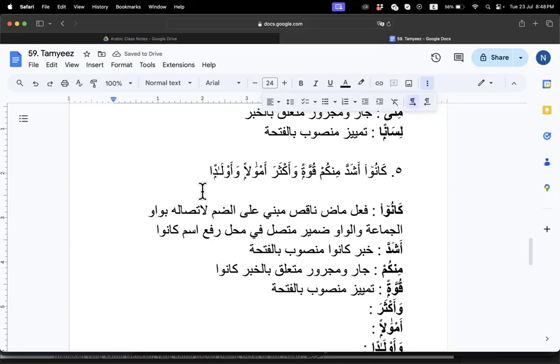Yes. Translate this part first until quwwah. Kanu, they were. They were more... Ashadda. Where is shadda? More powerful. Okay. Shadda means more intense.